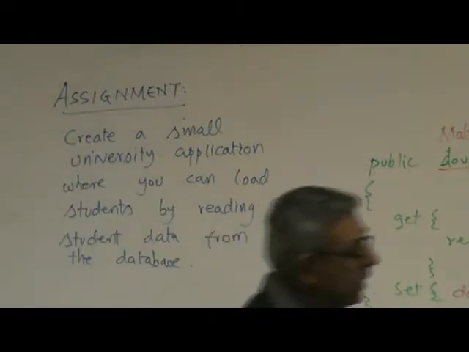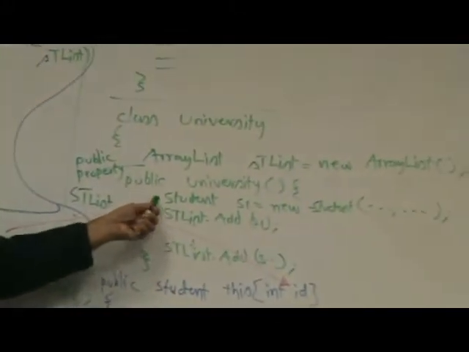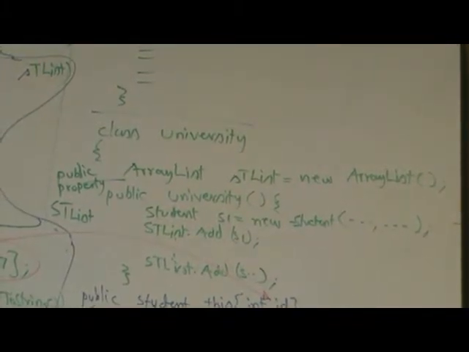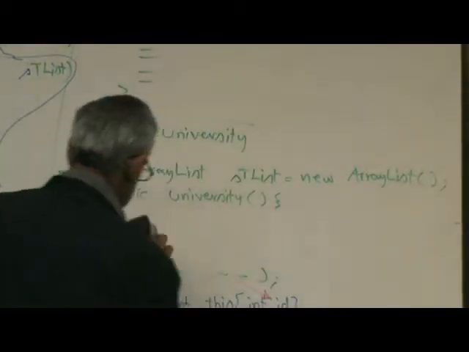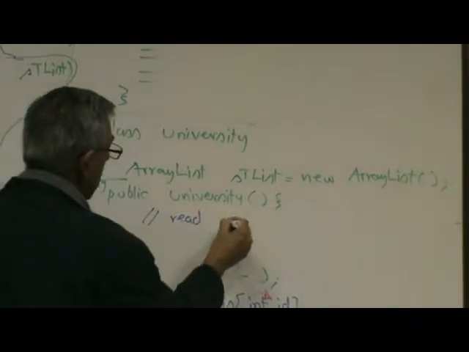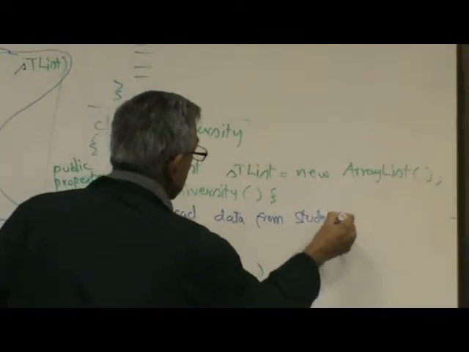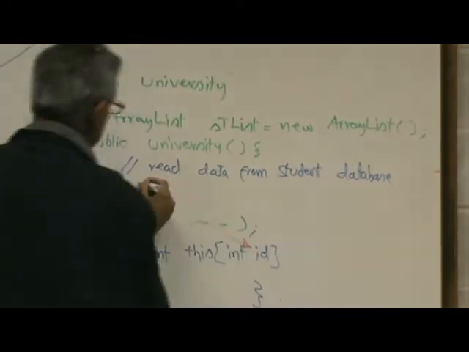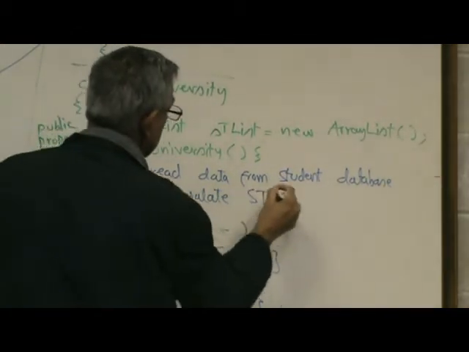What I'm trying to say is, in the constructor over here, rather than hard coding what students we have, your constructor for the university class will read data from the student database and populate the SD list.